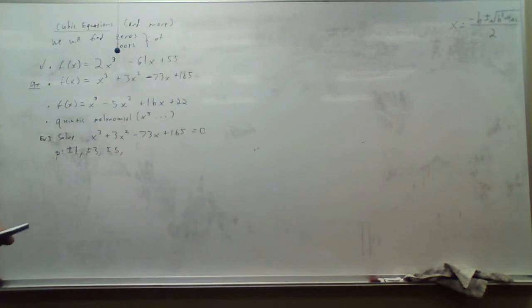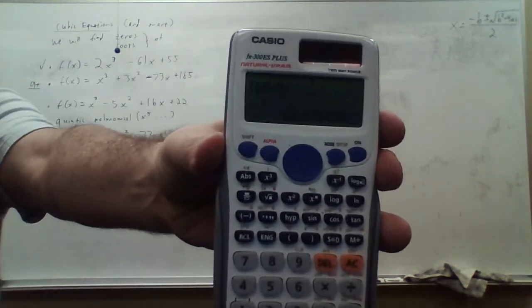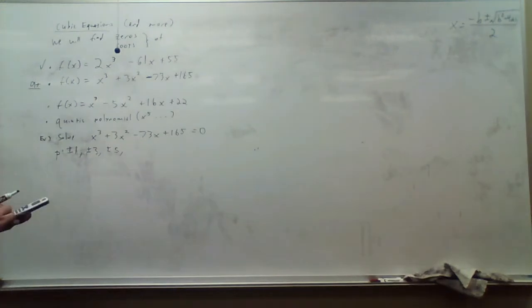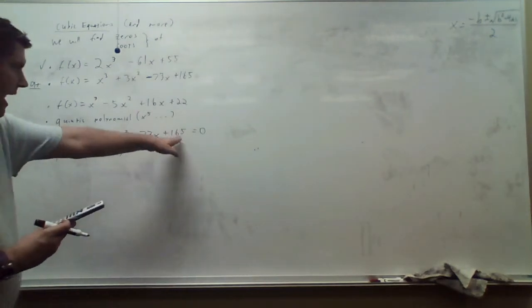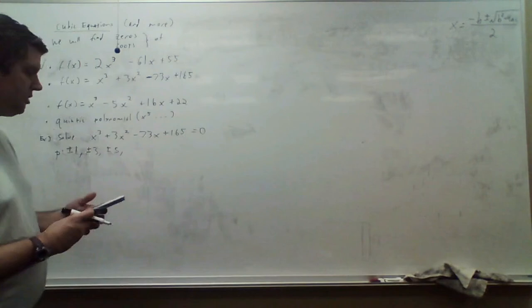7, 165 divided by 7 is a decimal, so 7 doesn't work. It's odd, so 8 won't do it. Let's try 9.